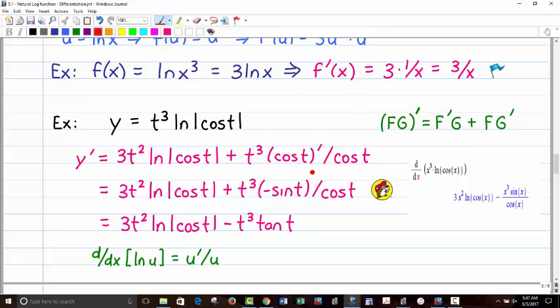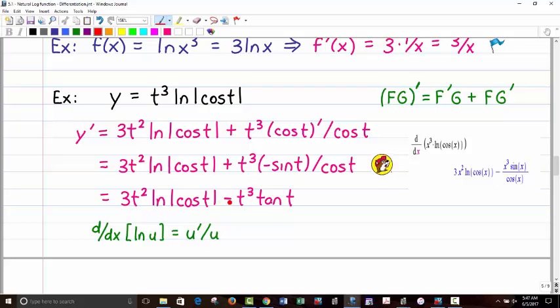So that leaves you sine over cosine, which, Bucky says this is the correct answer right here, and Bucky's right. That would be fine mathematically, but just because it was so easy to rewrite sine over cosine as tangent, I went ahead and did that. That's the only reason. So it just became minus t cubed tan of t.